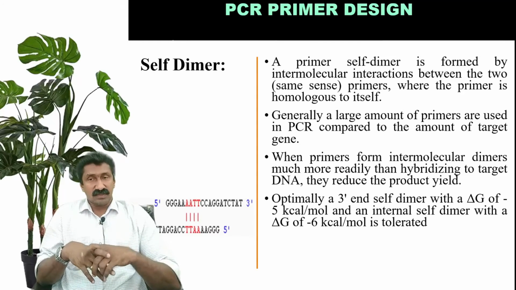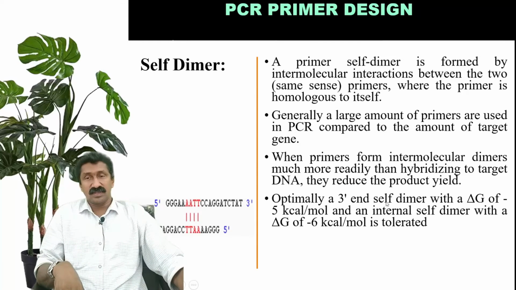Self-dimers are another example. This is a primer, the same forward primer, for example. If two molecules of the same primer, with a sequence like GGG, AAA, something like that, are present, the same primer molecule, forward or reverse, can pair with its own sequence.